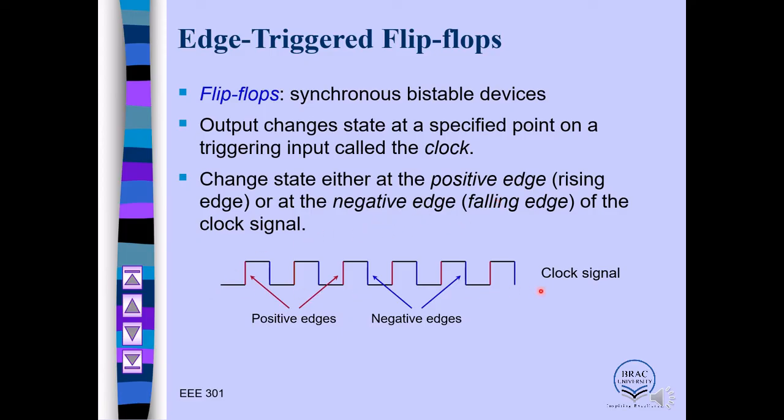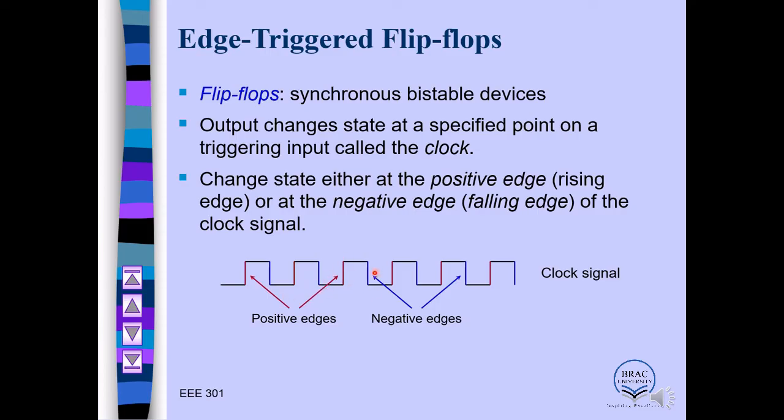So what does it say? This is basically our clock signal, like high, low, something like that. If you go from low to high, this is called the positive edge. If you are going from low to high again, this is your positive edge.